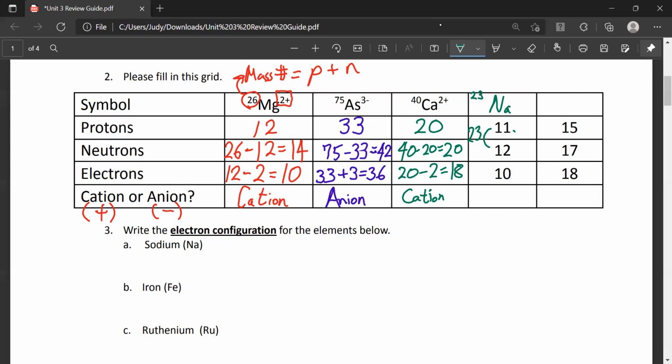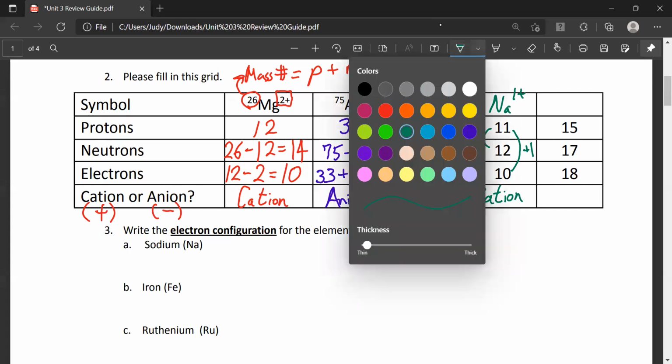Now, if we look between the 11 and 10, we know there is a positive 1 charge because we're 1 electron short. So I'm going to put 1 plus. And since we know it's a plus sign, it is going to be a cation. Okay.